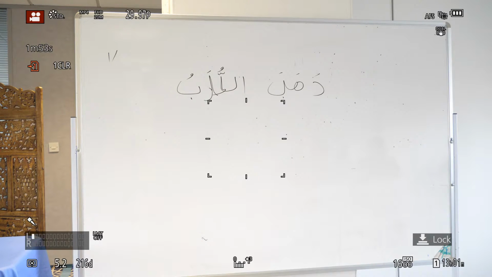Okay, ana ghaniyun, I am rich. I am not. So what would you say? You don't always have to start with laysa or laysat. How do you say I am not? Lastu bighaniyin or ghaniyan.